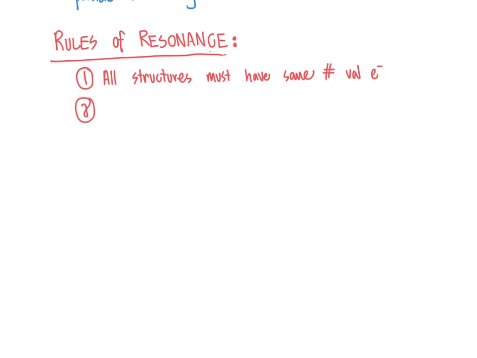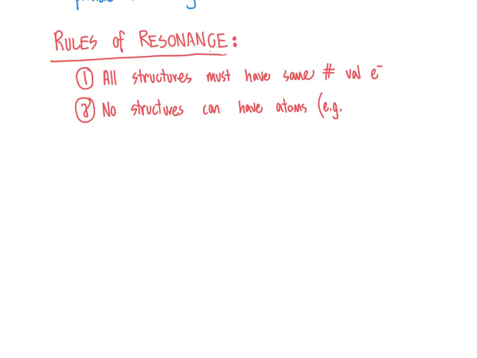Rule number 2 is that no structures can exceed the octet rule. That is for the atoms that follow the octet rule, such as most of the things we deal with: carbon, nitrogen, oxygen, halogens, etc. So we're going to add to our list here, no structures can have atoms, and we're going to specify that those are the typical atoms that we see in organic molecules.